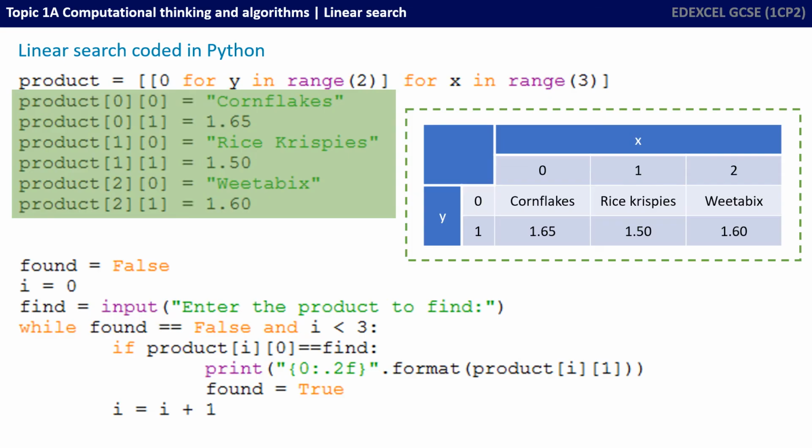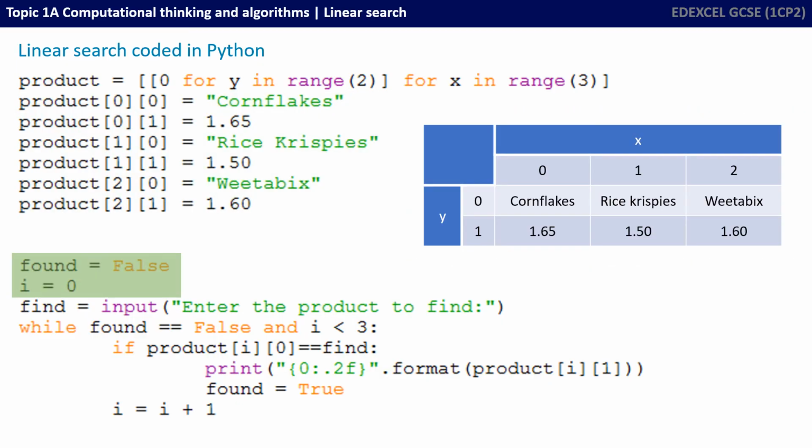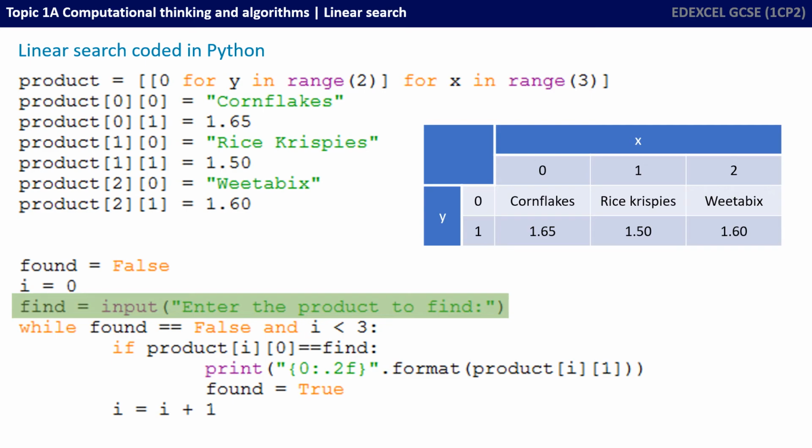So in Python code, the solution might look something like this. We're storing the data for our products in a 2-dimensional list so that we can store the description and the price. We've then got a variable called found, which we'll set to false initially, and the index of the item to be 0. We're asking the user what's the product they want to find.